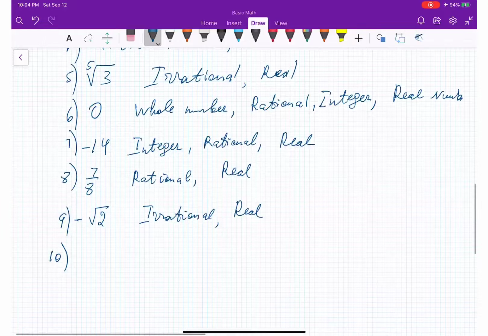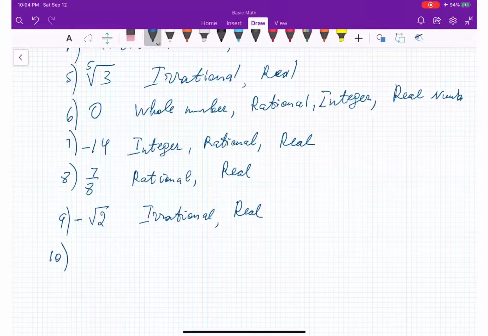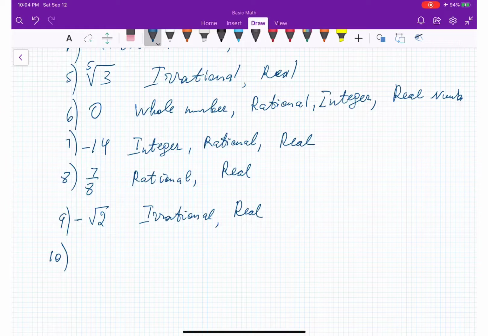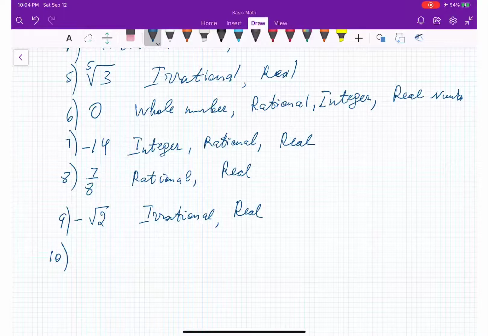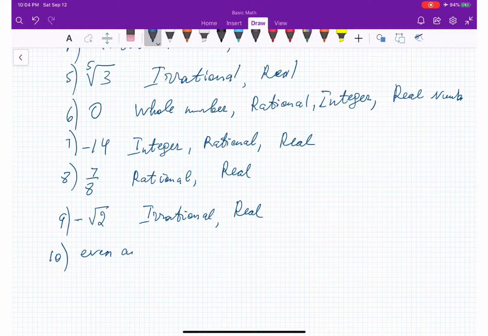Next, example 10. Let's say we need to write a set by using elements, and we need to write down in the form of the set format the numbers that are even integers and greater than 8.